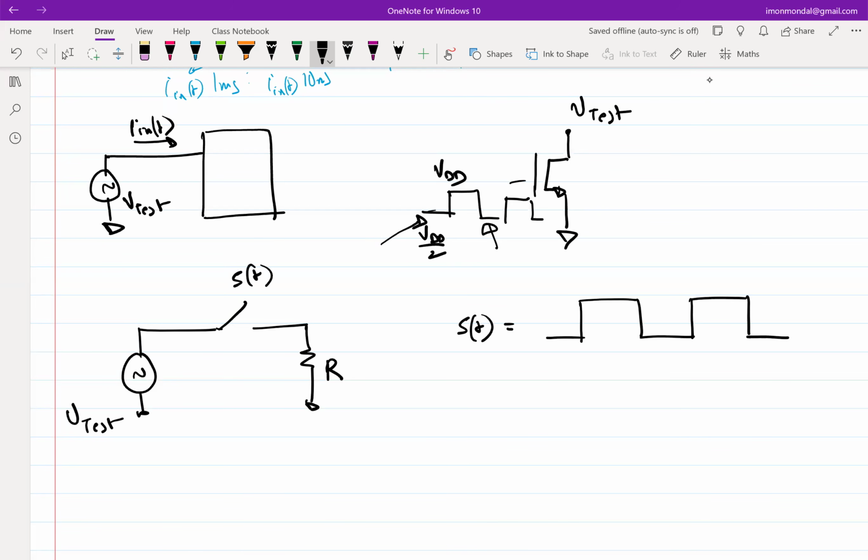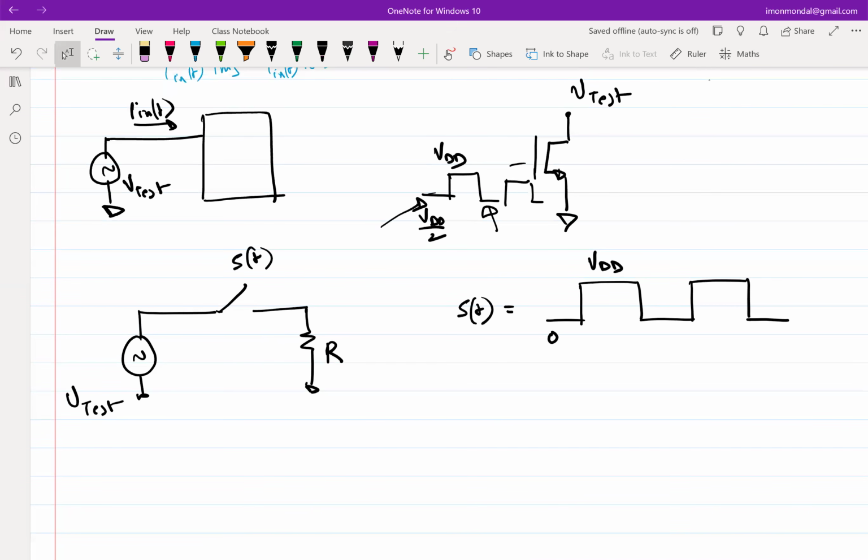I'm extending whatever he said with slightly different values. Let's say this is 0 and this is VDD. So all this is doing is, when ST is 0, the assumption is that the switch threshold is somewhere between 0 to VDD.